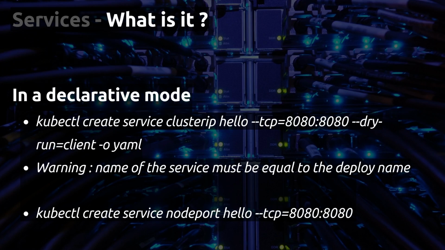The type of this service is, by default, in our case, just for the beginning, cluster IP, and we can map the port, just map it for TCP 8080, and we can use the --dry-run=client and generate the manifest.